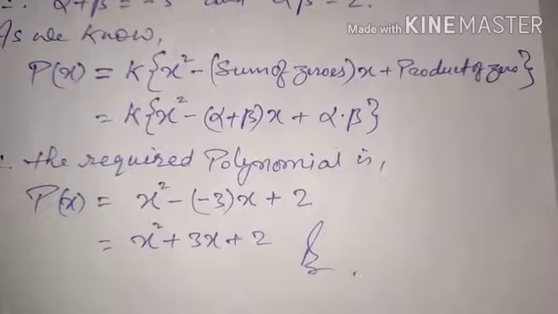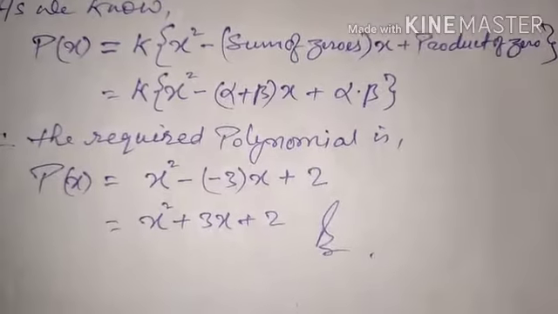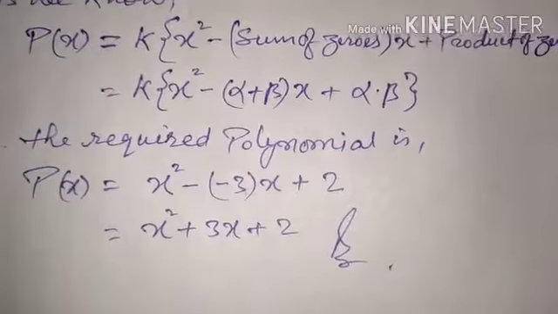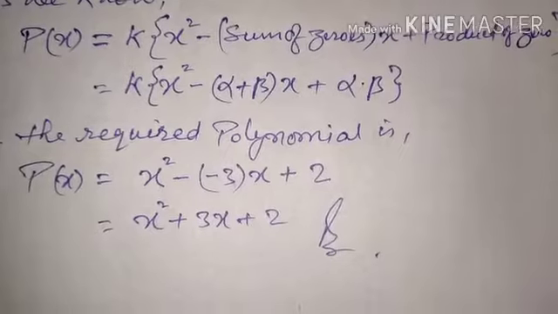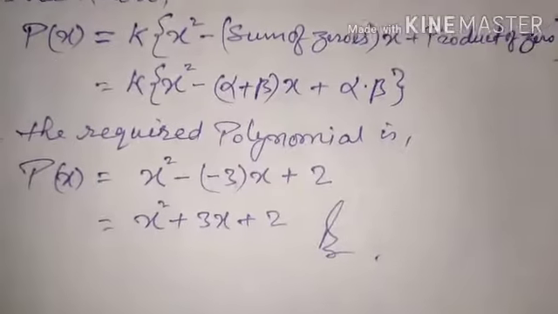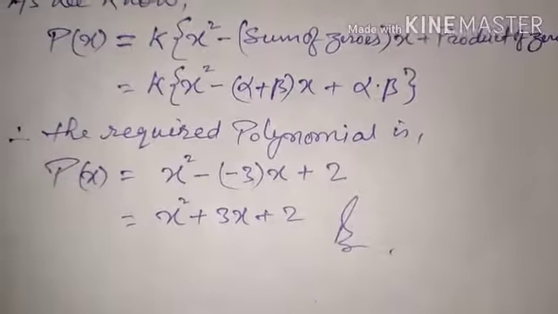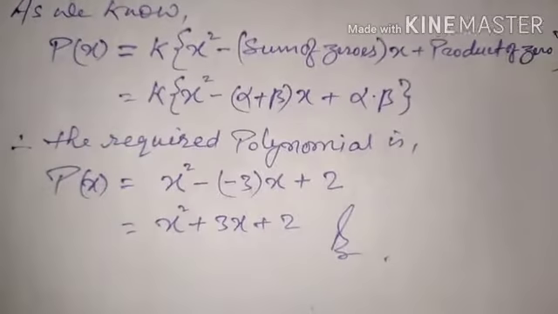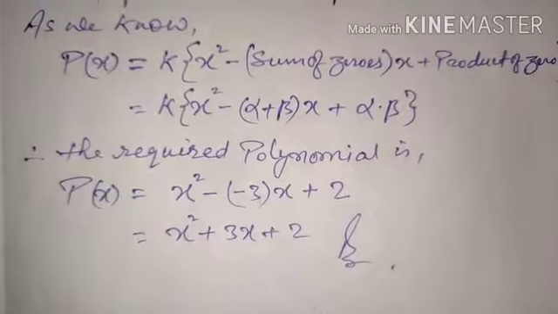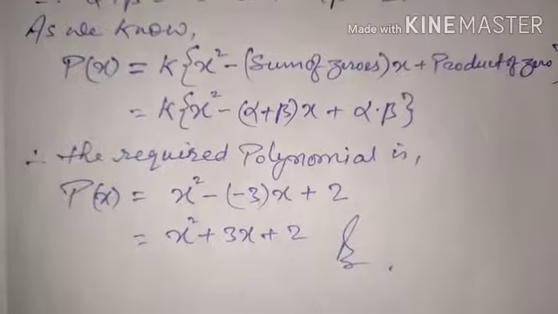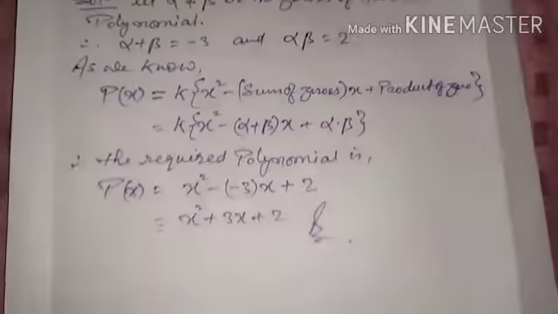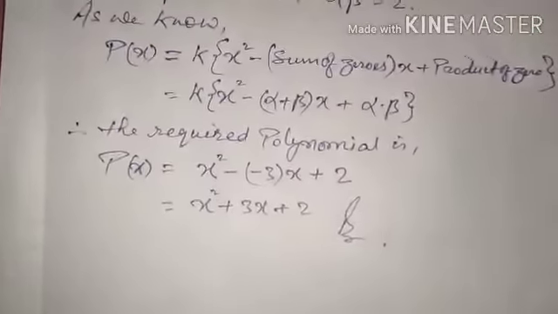You can find it in the relationship also. So I'm writing it in terms of alpha and beta: k times x square minus alpha plus beta times x plus alpha into beta. Here we are taking k, but sometimes k comes at a separate place, so we can ignore that also.